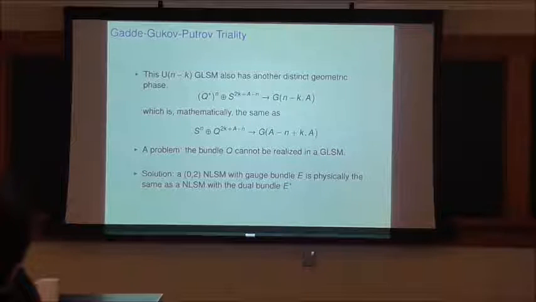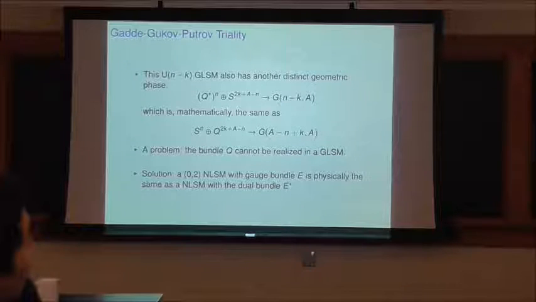Can you tell me how that squares with what you just said? Oh yeah, to add a fiber like this, naively you would add another chiral field with charge 1, because this guy is charge 1. But by adding that, you're actually increasing the number of sites by 1. So you actually go into this instead of that. Right. But with the dual bundle, it would not happen like that.